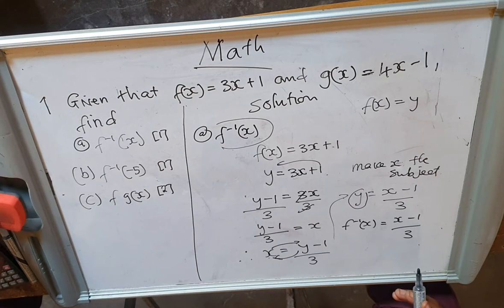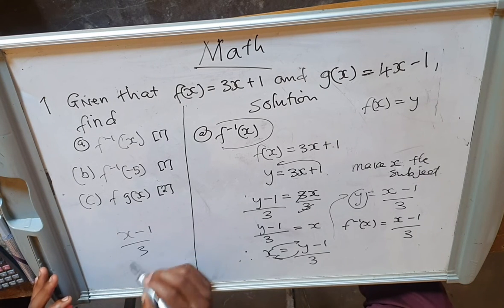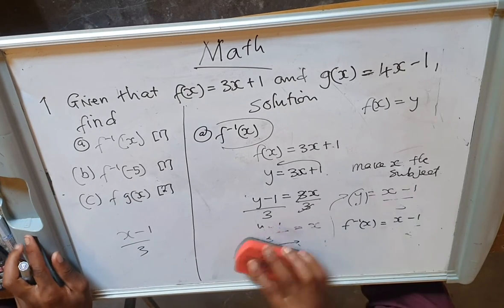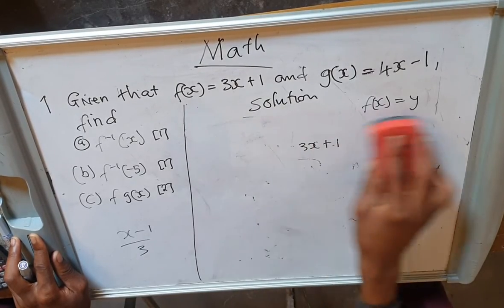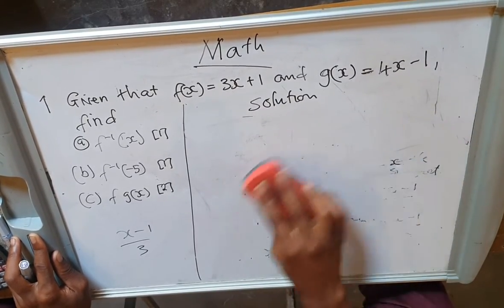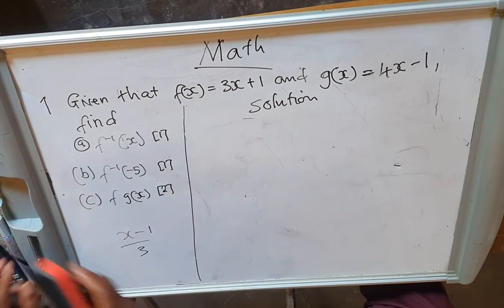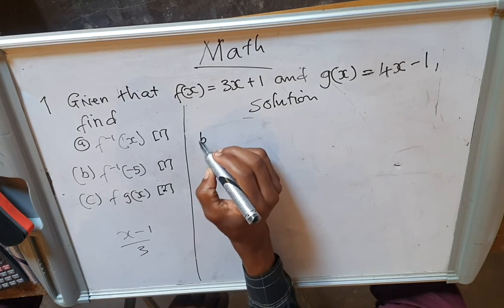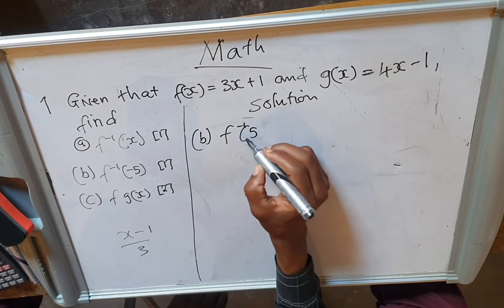Now quickly we go to question 2. We need this answer, x minus 1 over 3, for the next question. Now we want b. So how do we solve b? To find b, we have the f inverse of negative 5.